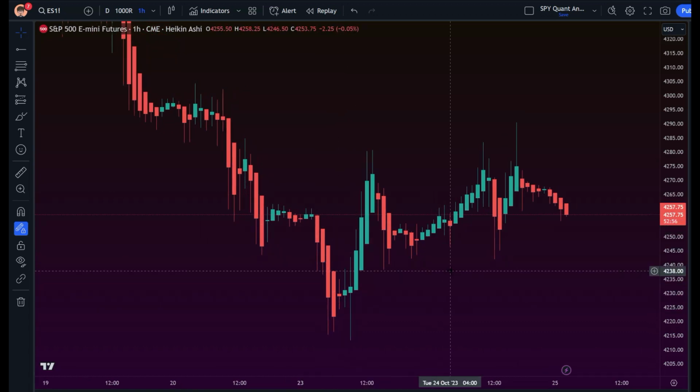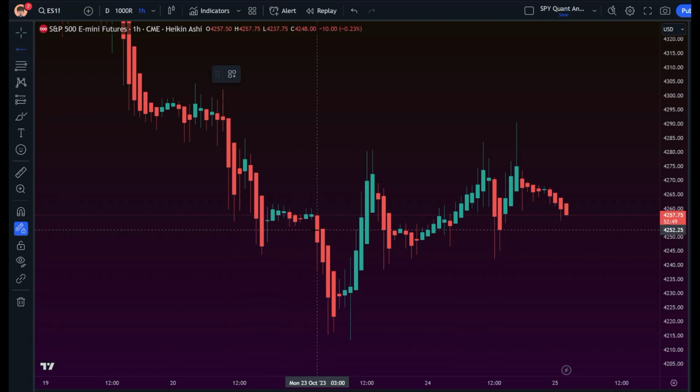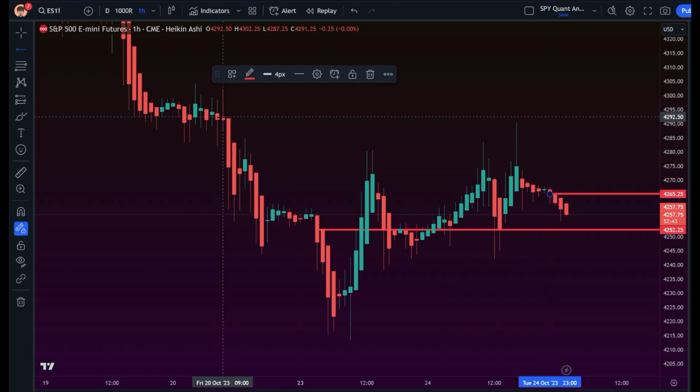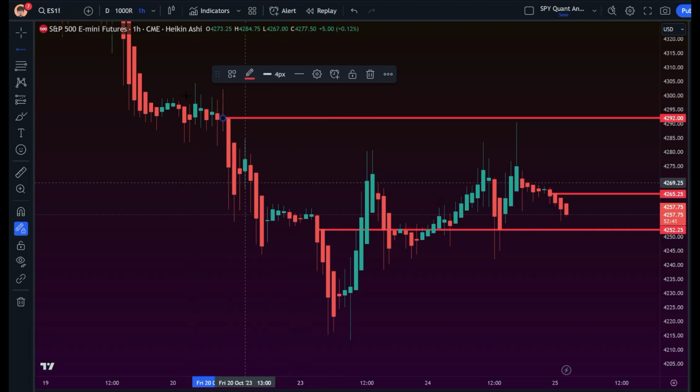Like here, if we were just to quickly draw some levels in, we could do here, here. You're just going to find those key levels over the past few days, and those are going to be your supports and resistances from Heikin Ashi.